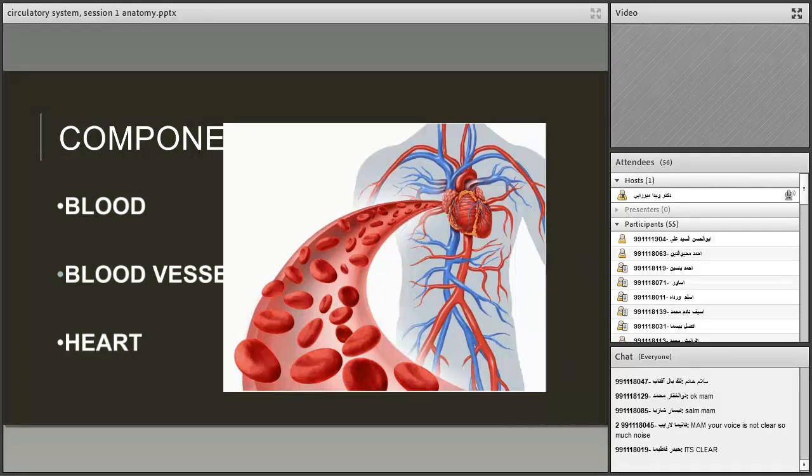Now, the components of the cardiovascular system are the blood vessels and the heart. These are the most important components of the circulatory system. I will explain each part one by one in this session, okay?